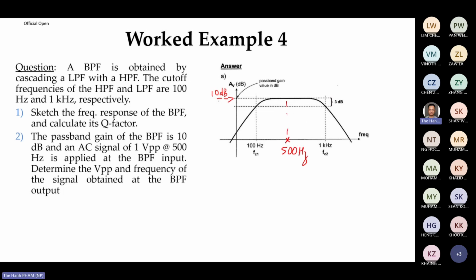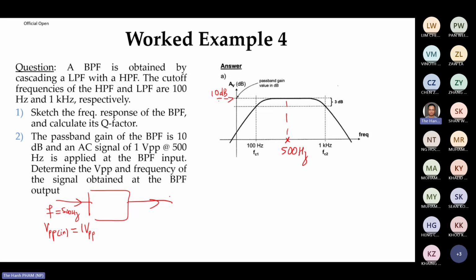So now this one frequency is 500 Hz. VPP in is 1 volt.